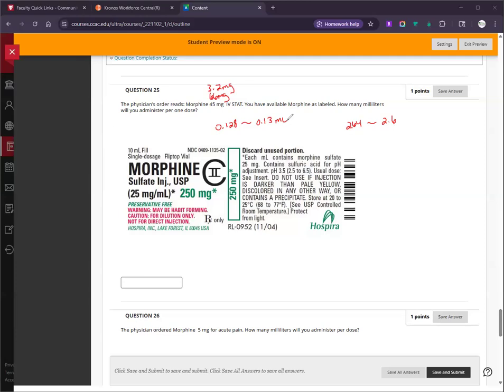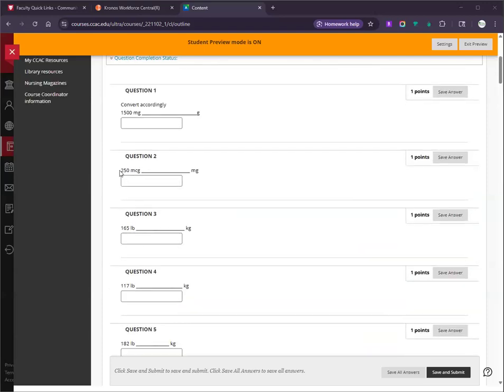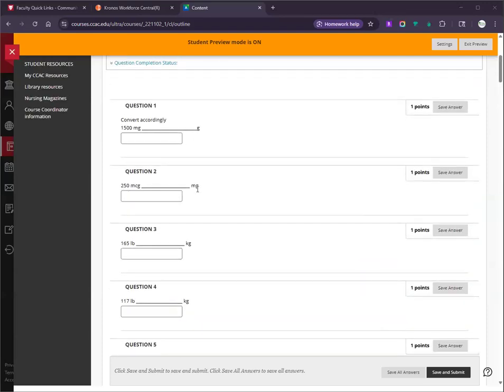If you get a decimal answer, it's about knowing what to do with it when you're looking at a medication administration. You don't round when we're just doing milligrams to grams or micrograms to milligrams.